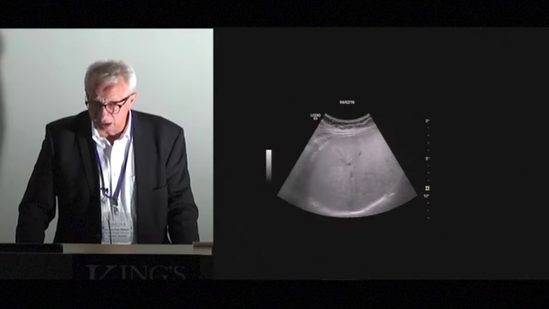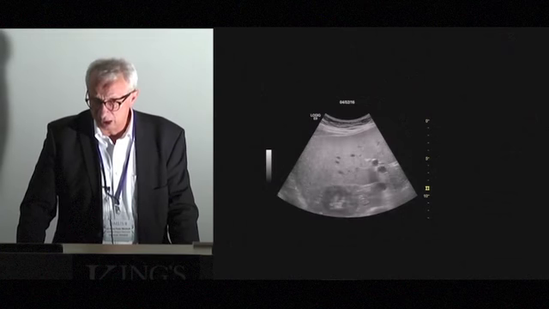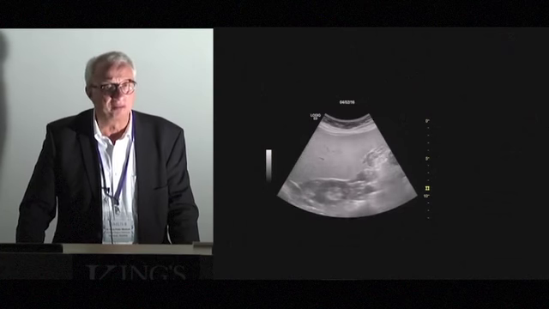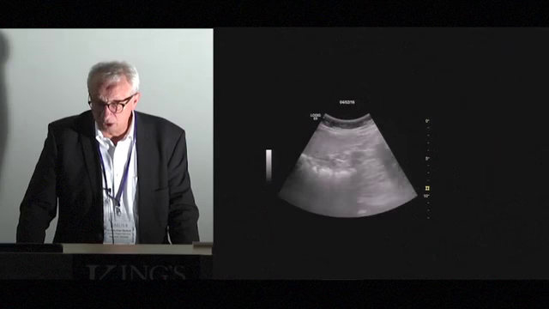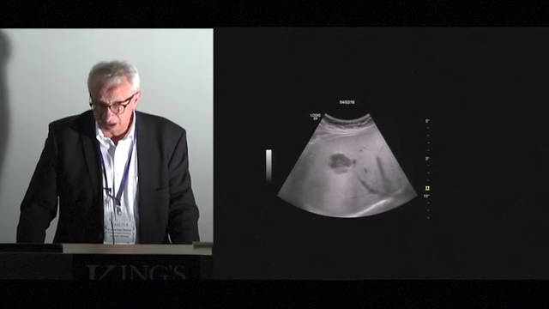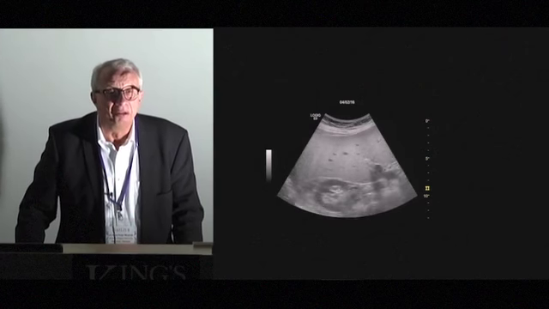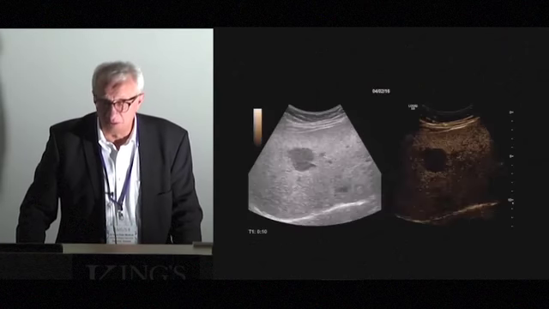Let me show you this case here. This is a Turkish lady, 52 years old, and she has 3 echo poor lesions in a slightly fatty liver disease. So the first idea, of course, was where is the biopsy needle? But first of all, we do contrast.